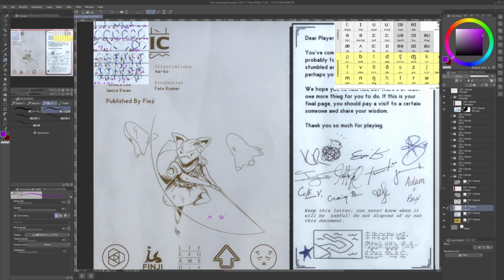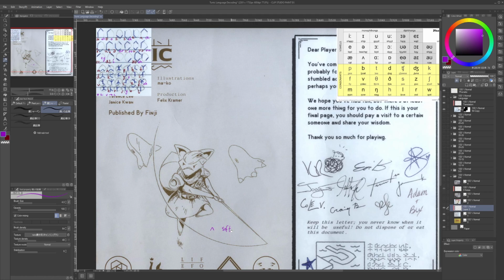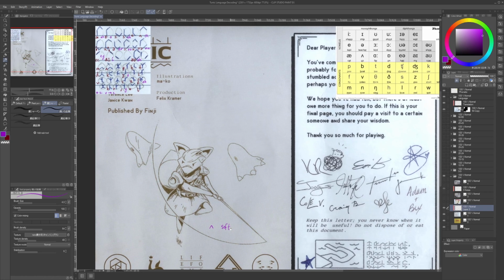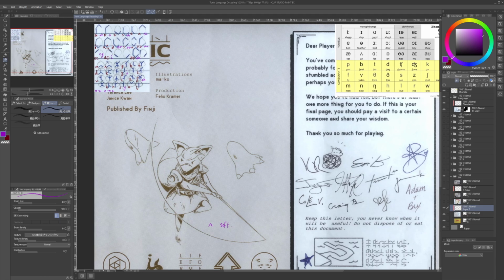No, that's F. Soft. Softest. The softest, probably. So about this symbol here is probably th, isn't it?